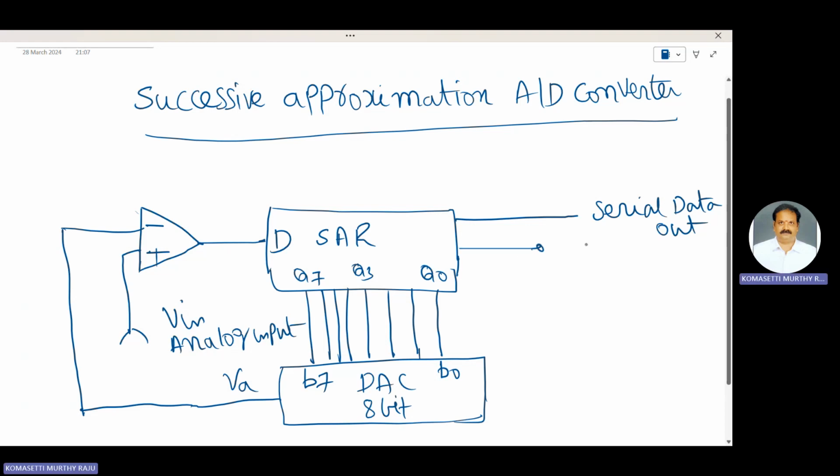For the start of conversion, we use this one. For the start of conversion, the SAR holds the start signal high. This is S. Complete conversion, this is complete conversion.